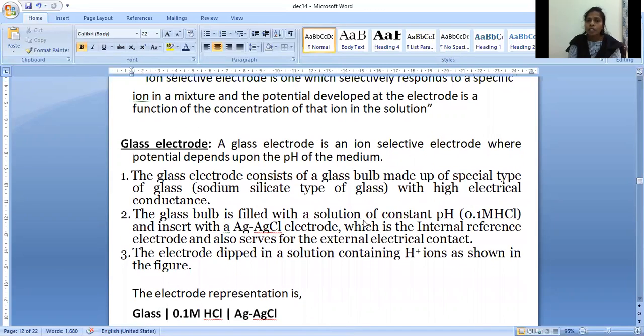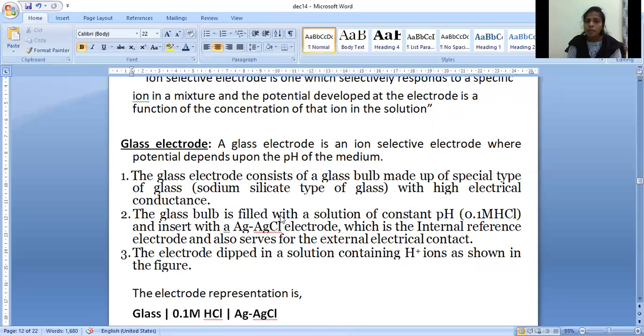And the glass electrode consists of a glass bulb made up of a special type of glass. That glass is a sodium silicate type of glass with high electrical conductance.